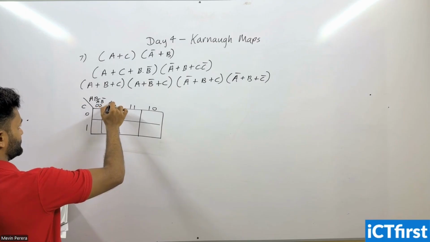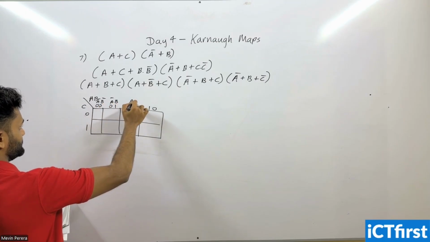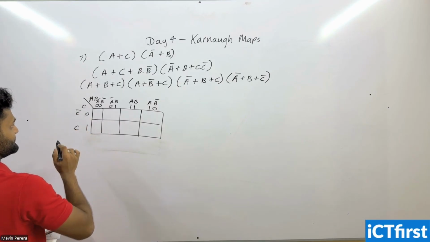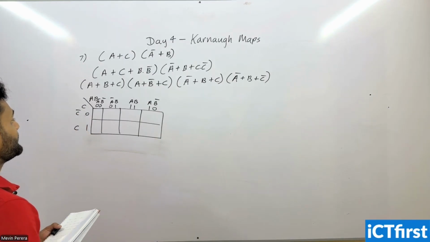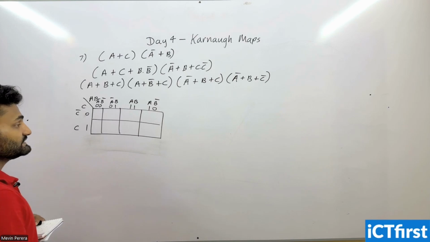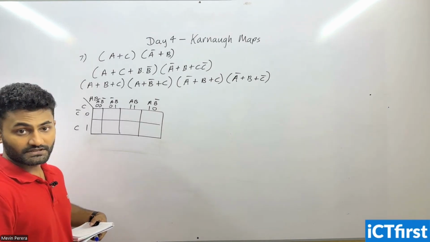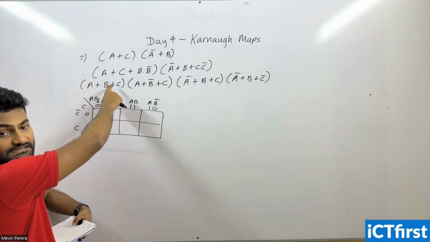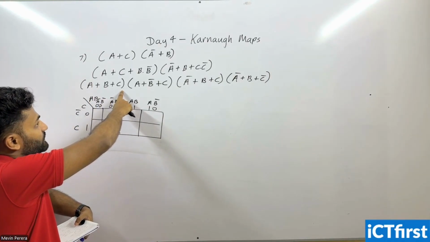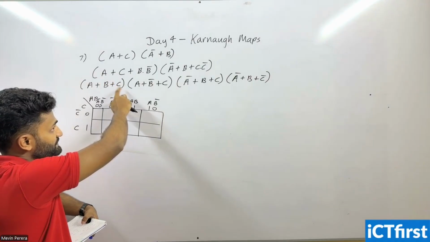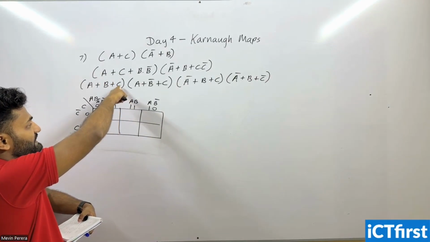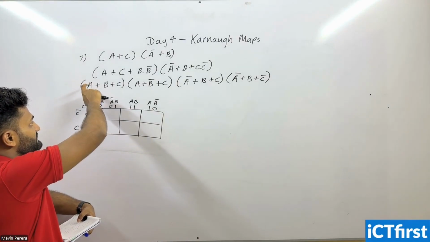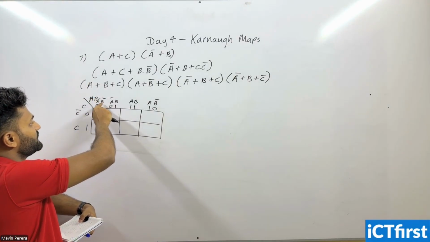A bar B bar, A bar B, A B, A B bar, C bar, C. Now, here's the thing, guys. Remember, you should be very careful. Now, when we are taking this A, B, C, since this is POS, we are supposed to get the negative side of that.